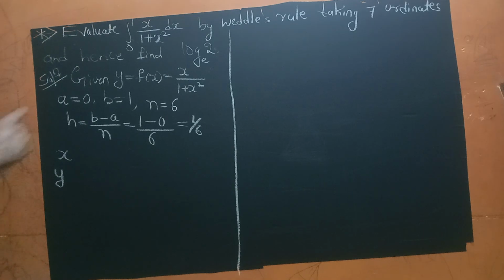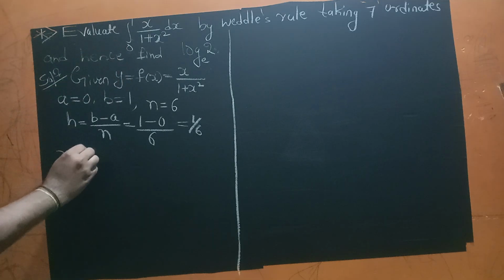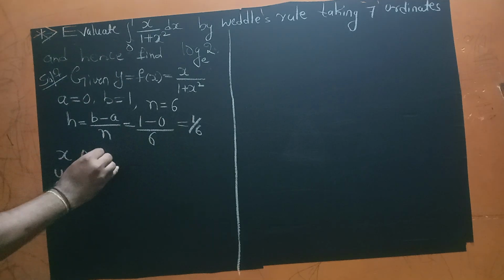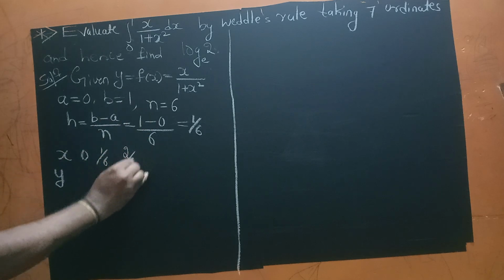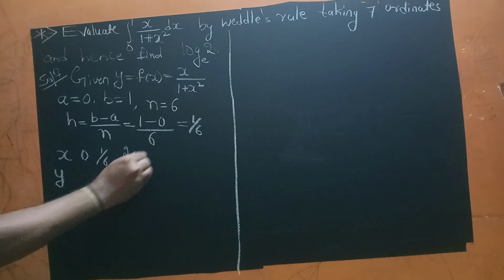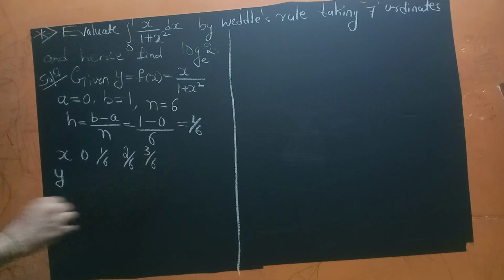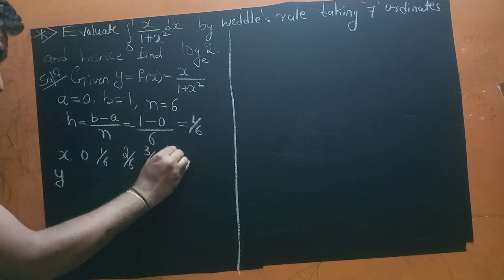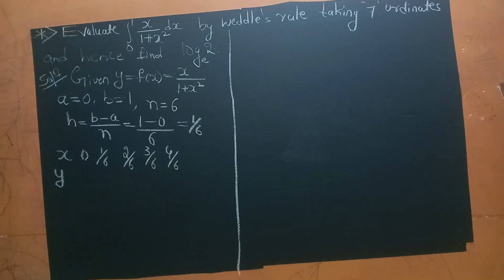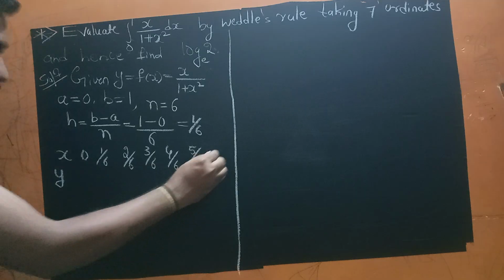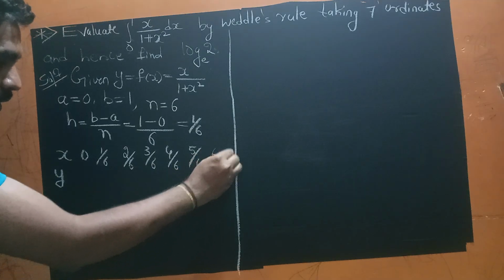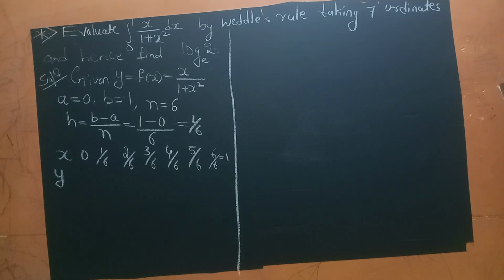So the x values start from 0, plus 1 by 6 gives 1 by 6, plus 1 by 6 gives 2 by 6, then 3 by 6, 4 by 6, 5 by 6, and 6 by 6, which is nothing but 1.